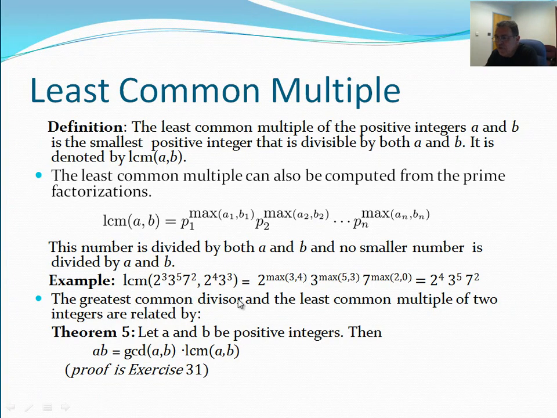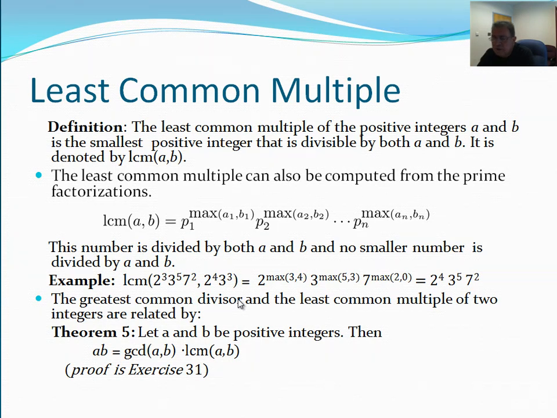And then you find the number, the least number that both of those numbers are divisible. You can find it easily in any example, and I don't want to take your time now.